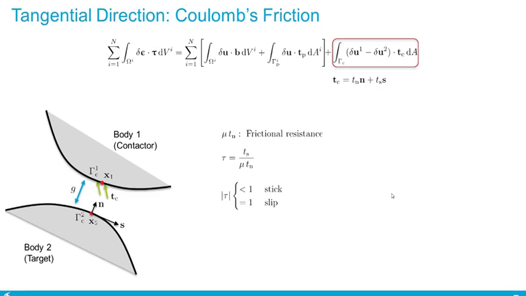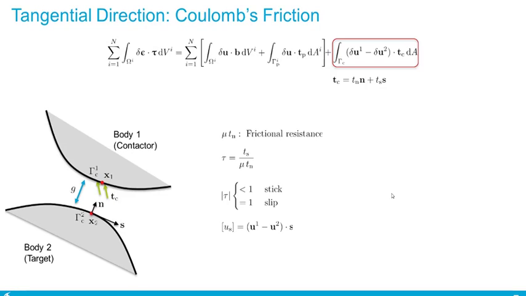When tau is between -1 and 1, which means that this frictional resistance is not exceeded, then we have a so-called stick condition, which means that the two surfaces stick onto each other without sliding. And when the absolute value of tau equals 1, we then have the slip condition, which means that there will be sliding. And since tau equals 1, the amplitude of frictional traction would be mu times Tn.